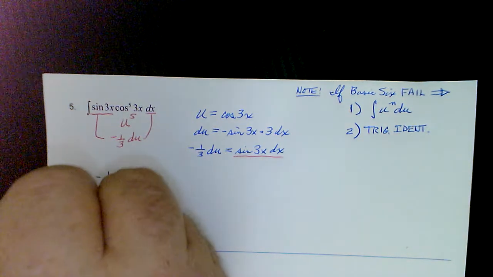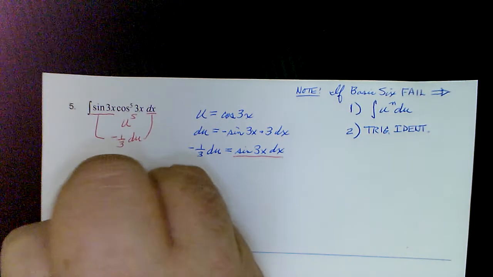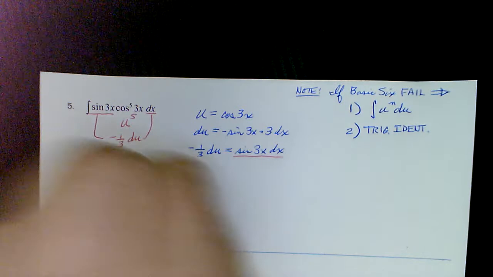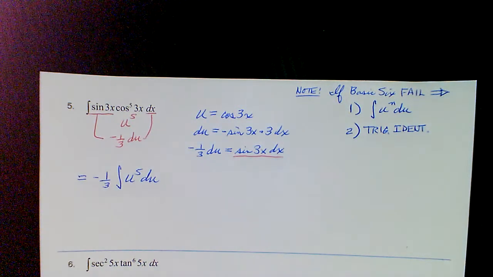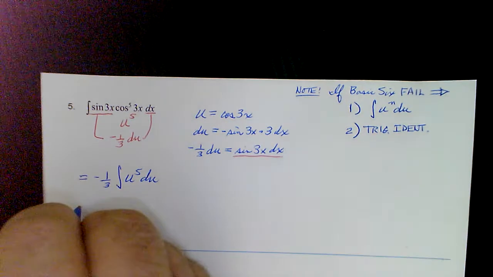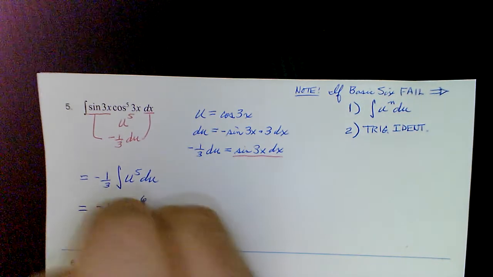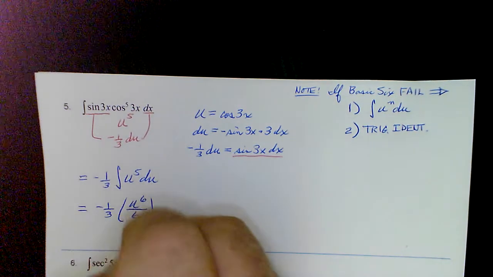Bring out the negative 1/3, and we have the integral of u to the 5th with respect to u. And so now we're ready to integrate. We have the negative 1/3, u to the 5th integrates to be u to the 6th over 6.